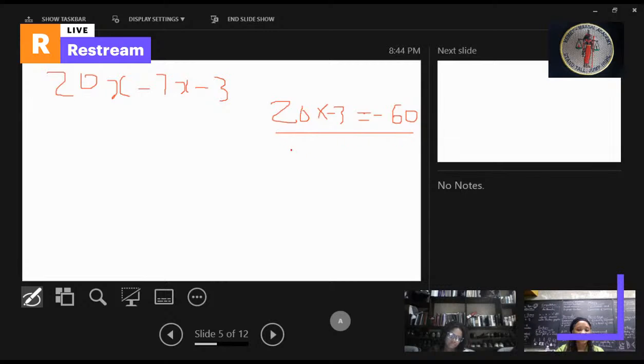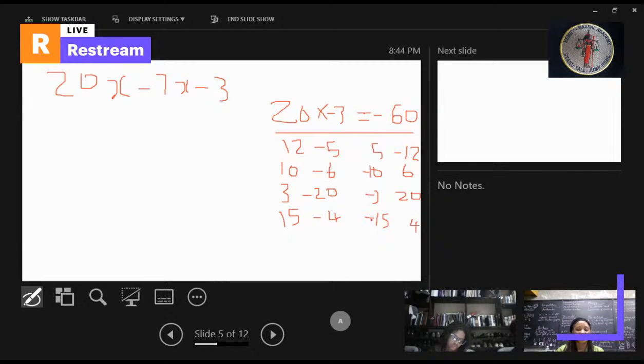The factors of negative 60 will be 12 and negative 5, or 5 and negative 12, 10 and negative 6, or negative 10 and 6, 3 and negative 20, or negative 3 and 20, 15 and negative 4, or negative 15 and 4.